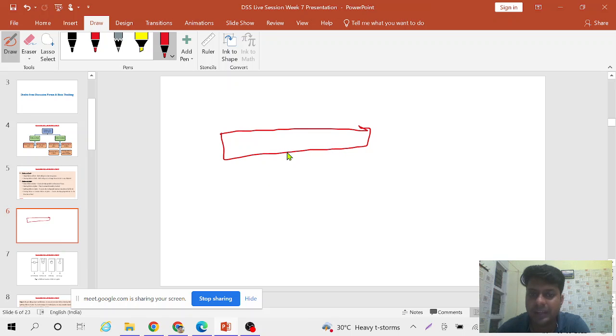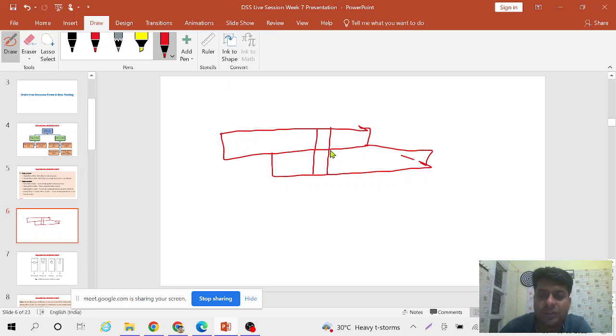So this is one plate and this is another plate, and let us suppose we have made the connection through a bolt. Here we can see, how many shear planes are there in this connection? One. Yes, one shear plane.